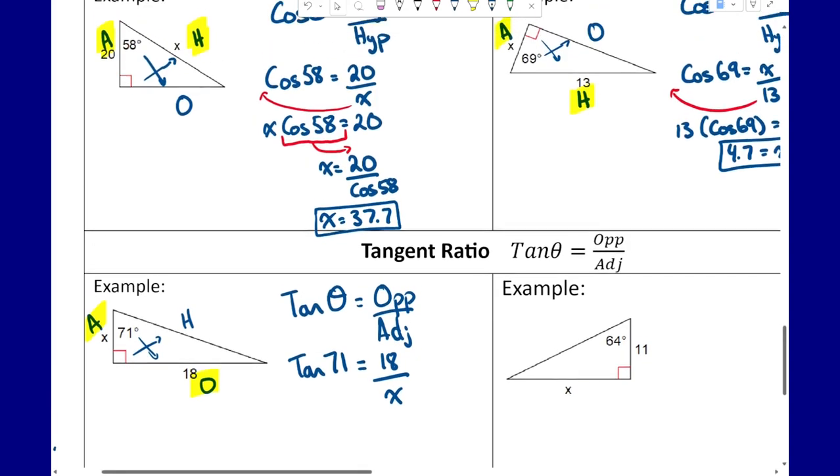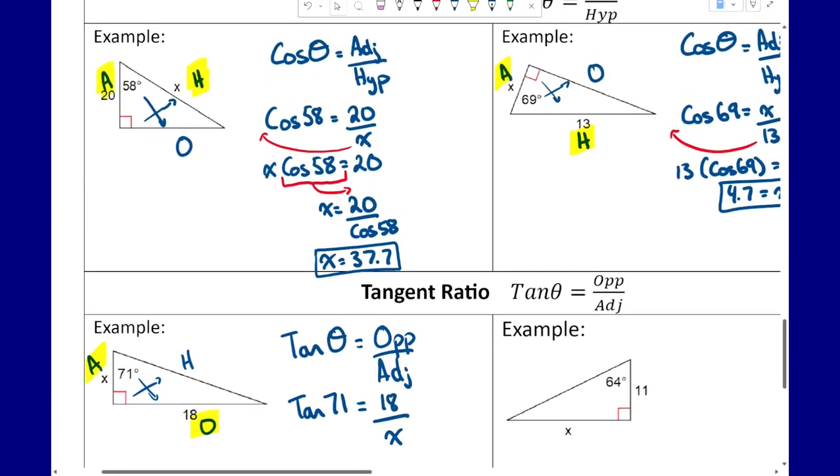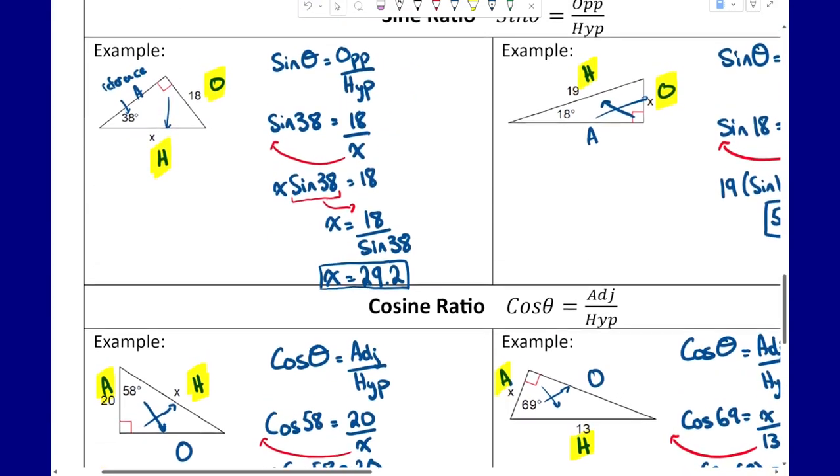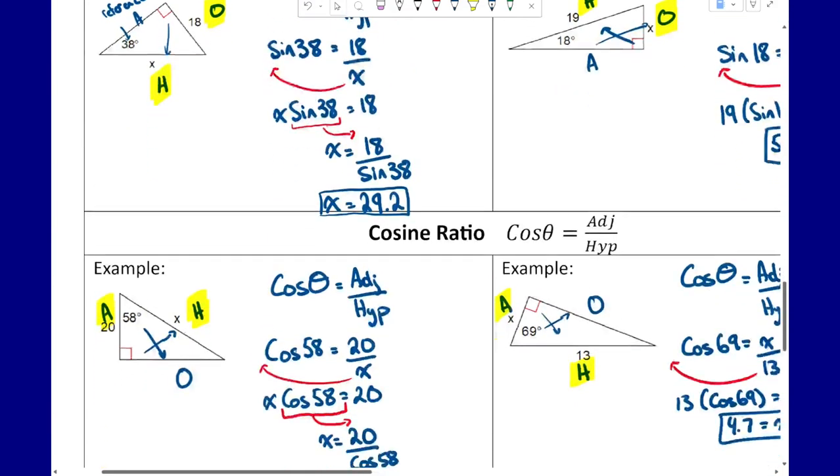And if we go back and look at the last couple ones, the setup seems to be almost identical. We're missing the piece on the bottom, or the unknown piece is on the bottom. So is there a quicker way to get to our final calculation other than going through all the steps of rearranging?